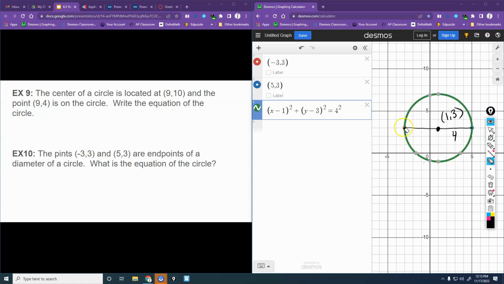And you can see those are the endpoints of that diameter. That center looks like the right place. This is the correct answer. So that's what we would have for this one. We would have x minus 1 squared plus y minus 3 squared equals 16 for that 4 squared. And these will be even easier if they're multiple choice for that.